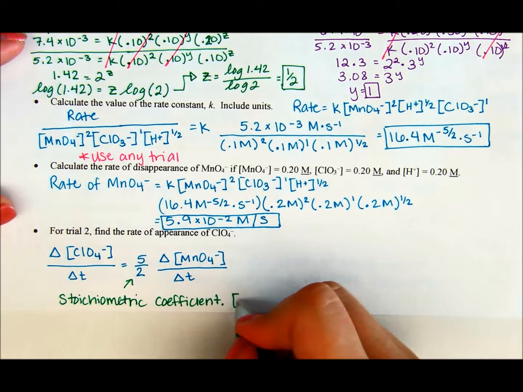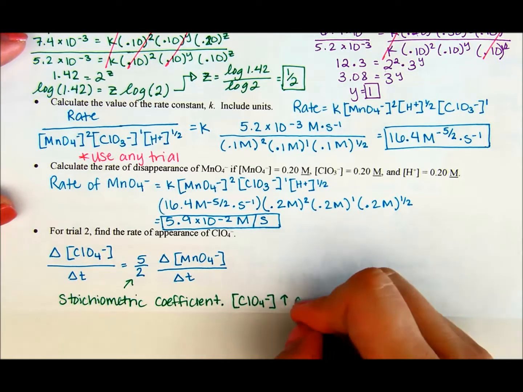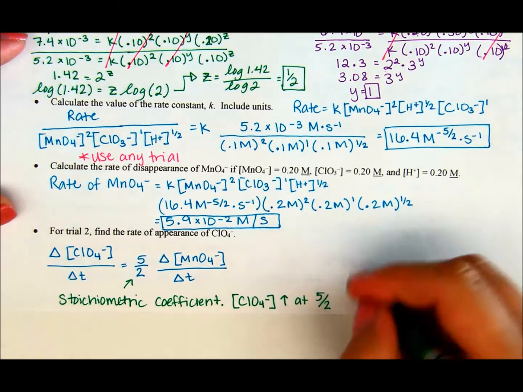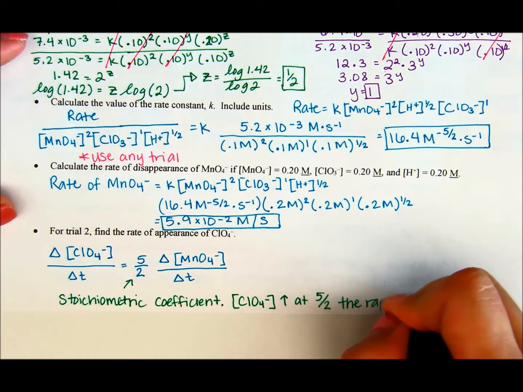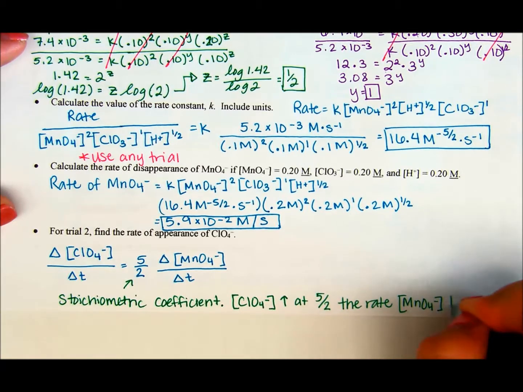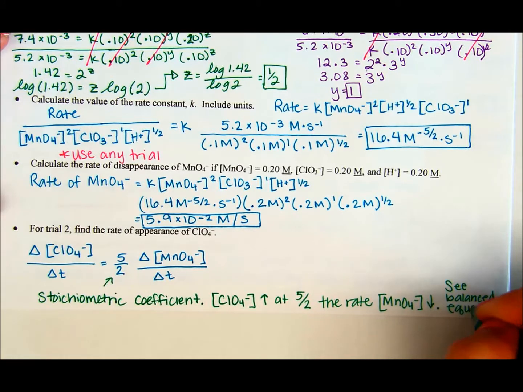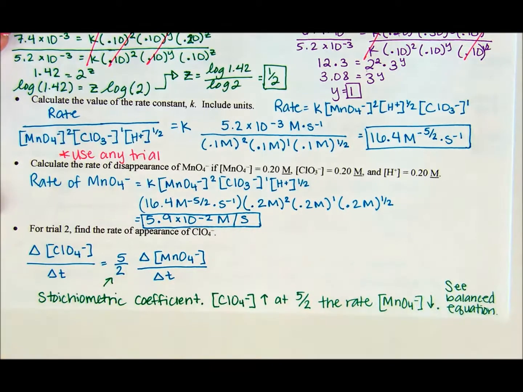What that means is that the ClO4 minus increases in concentration at 5/2 the rate that MnO4 minus decreases in concentration. And you get that from the balanced equation. Okay, so that's our stoichiometric coefficient, and this is our rate, so this times the rate.